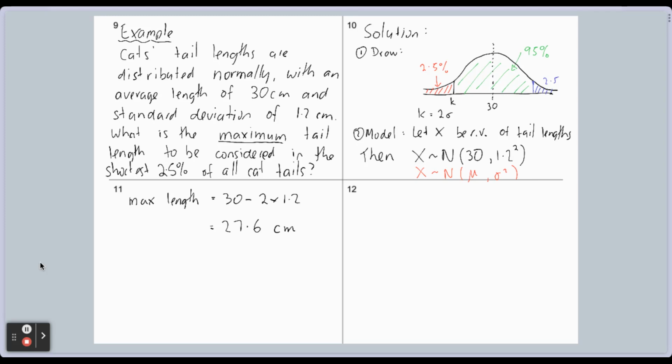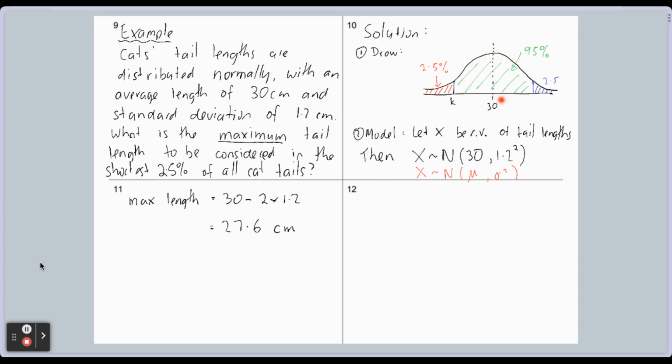Questions? So I shouldn't really call that k equals 2. That's probably a bit of a misnomer. I'm going to wipe that out. 30 is the mean.